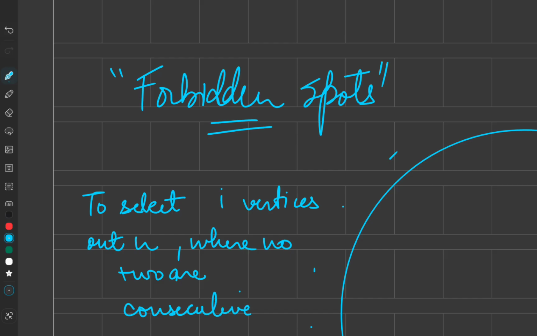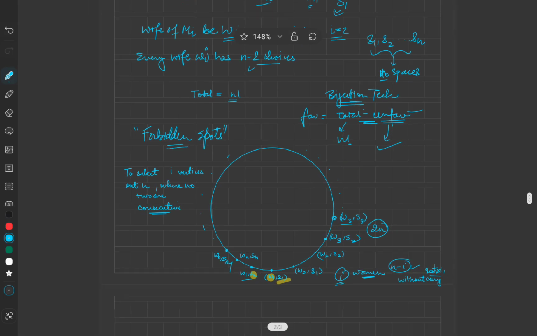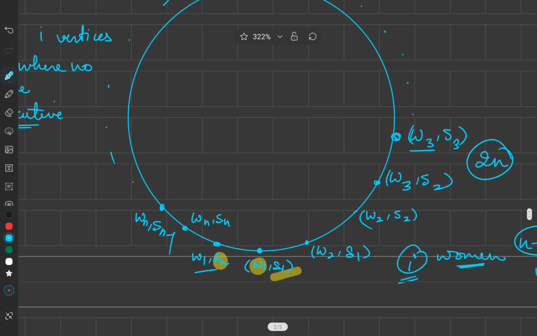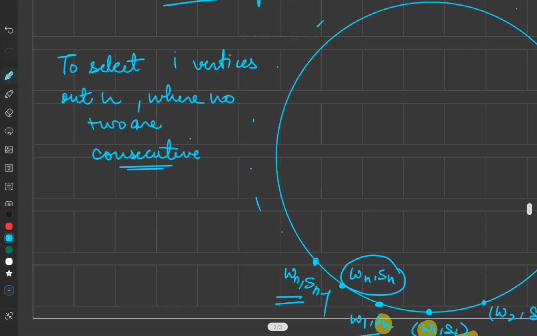How will this help us? If we select w1 s1, then automatically wn sn and w2 s1 would not be selected, because they are adjacent. And how does this help us? Because it satisfies our condition that no woman can be at two different spots.